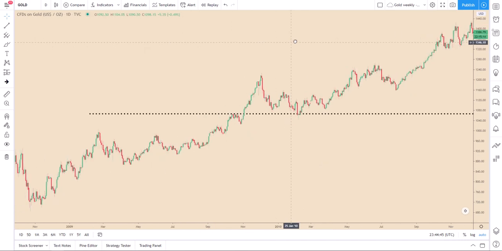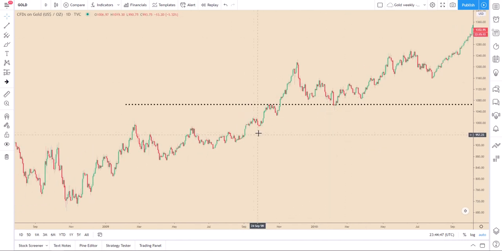But this is a great example of, in this case, price bumps into this horizontal support resistance level. In this case, the support resistance level is acting as resistance.